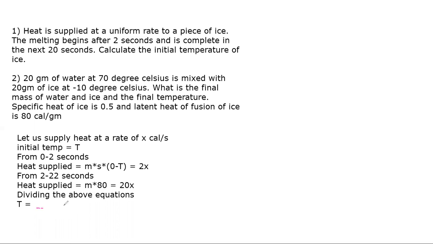Had you taken the initial temperature as minus T degree Celsius, you would have got a result T is equal to 16 degrees. So your initial temperature was minus 16 degree Celsius. Hope you understood this problem.